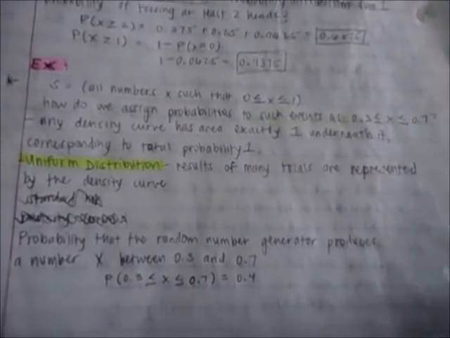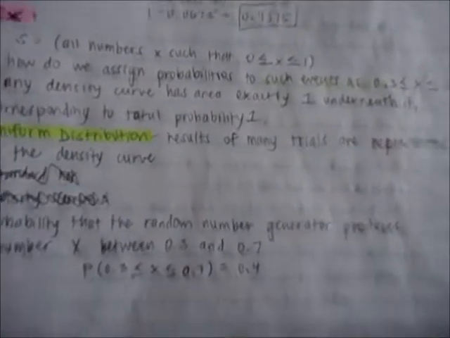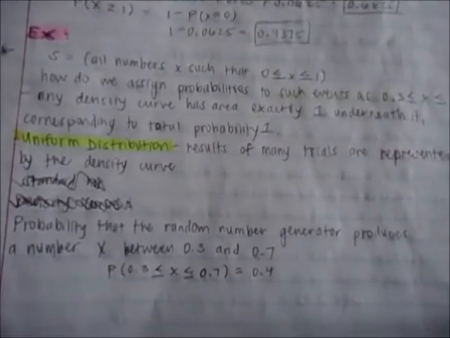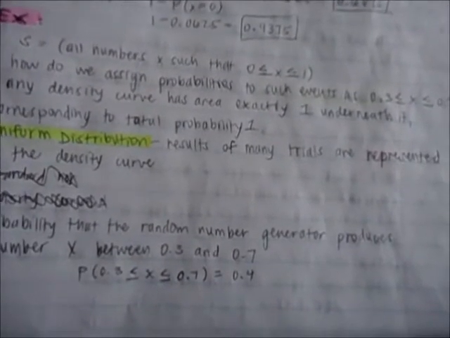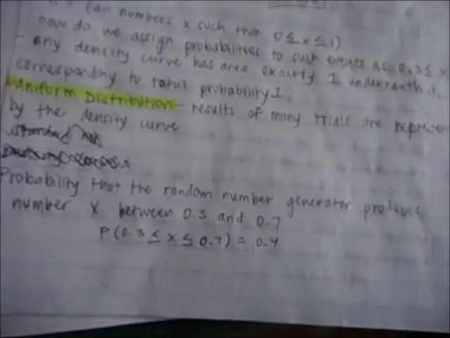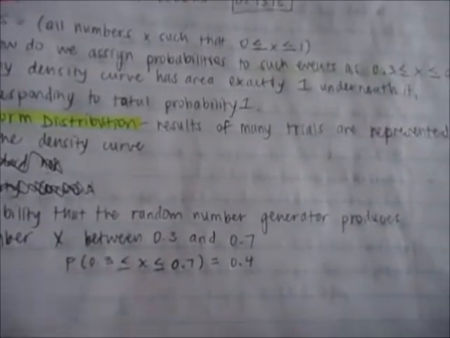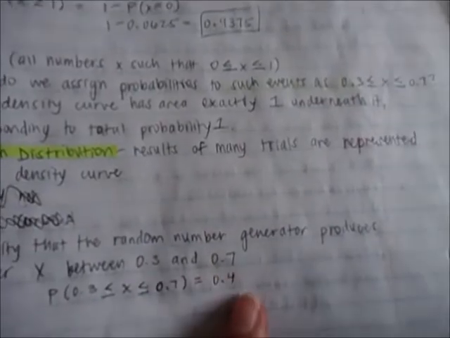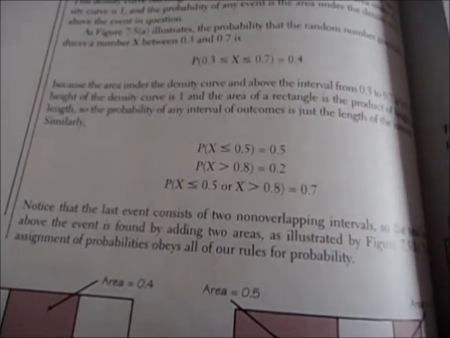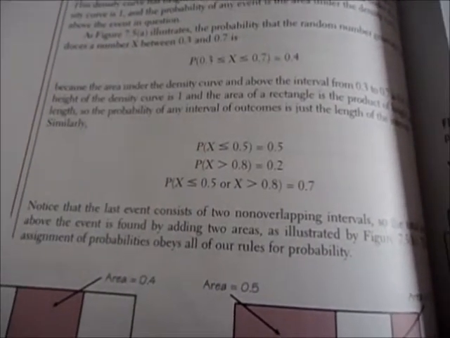The probability that the random number generator produces a number x between 0.3 and 0.7, that is, the probability that 0.3 is less than x and x is less than 0.7, is equal to 0.4. Since the answer is 0.4, the probability of any interval of outcomes is just the length of the interval.